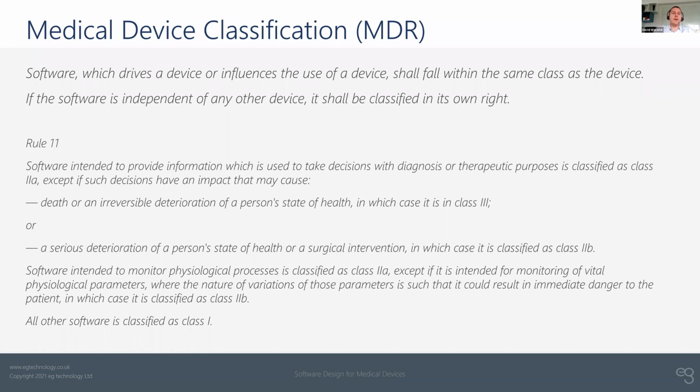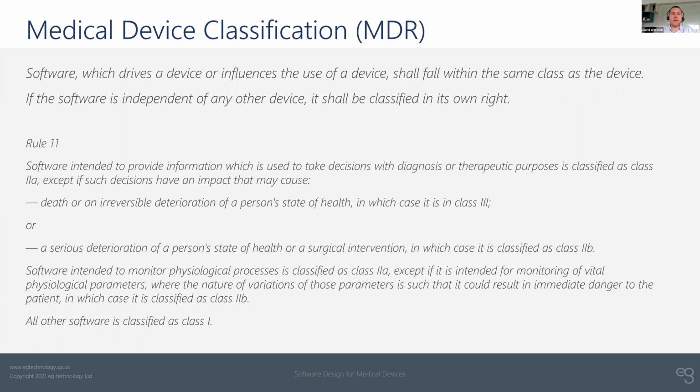So that means that software running on a class 2B device is going to be class 2B software, something like that. But there can be differences because it depends on the level of interaction between the software and the device. And indeed, of course, you might have software as a medical device which has no hardware associated with it. So you do need to look at all the other classification rules to see if they apply to the software as part of a system.